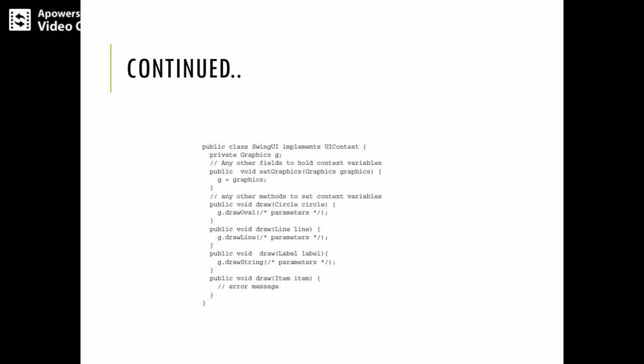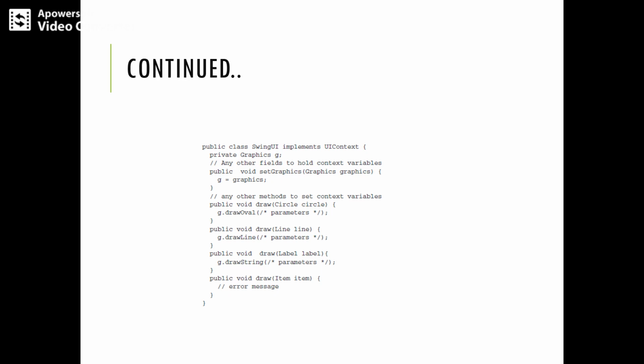What we say is any other field to hold context variables, public void set graphics. So that we have taken set graphics of the Graphics, g is equal to graphics. Similarly, another comment: any other methods to set context variables, public void draw circle.